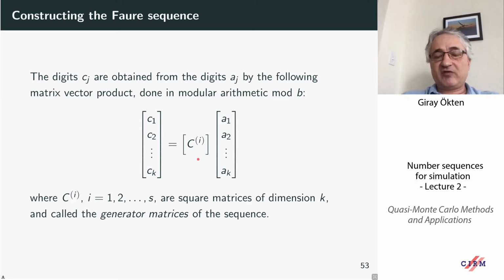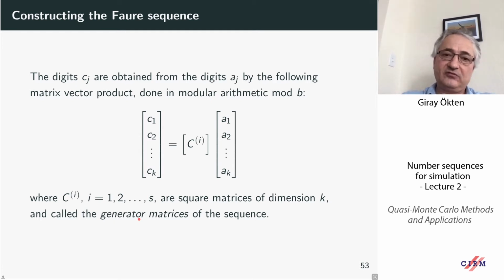So here I introduce now the matrix, this is a new matrix that I didn't tell you about before. And these matrices have a superscript i, so that means for each dimension, you have a corresponding matrix. And these matrices are called the generator matrices of the sequence.